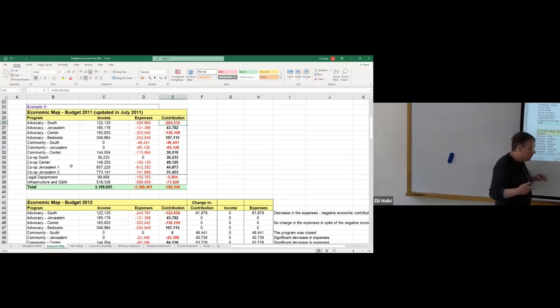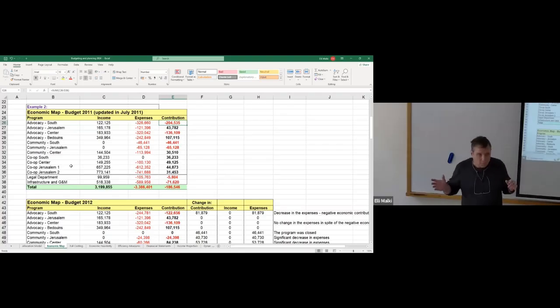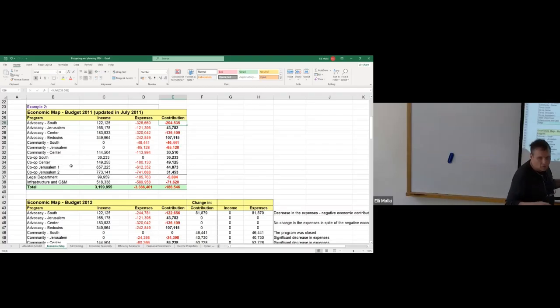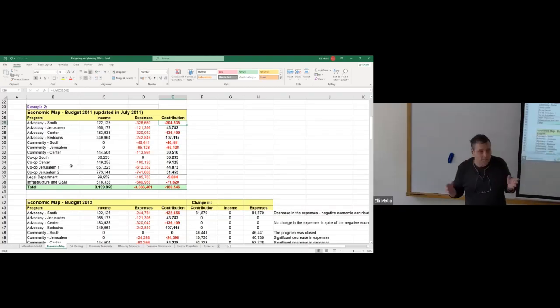I used to be a volunteer on the board of directors of the Israeli Council for Children, and there was a large legal department that promoted laws for the protection of children and appealed to courts in cases related to children. So the legal department is also a program, and then there are the infrastructure and general management.